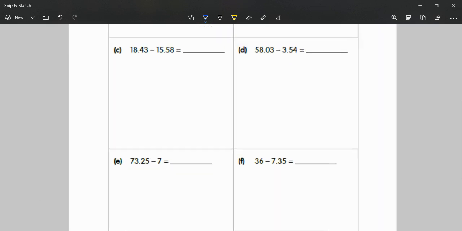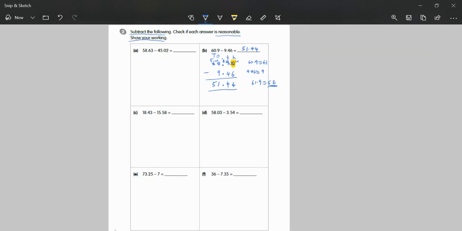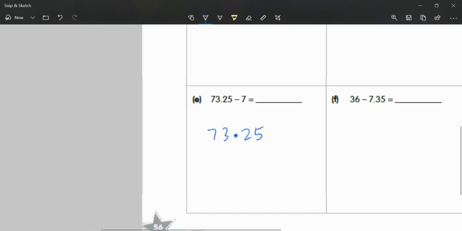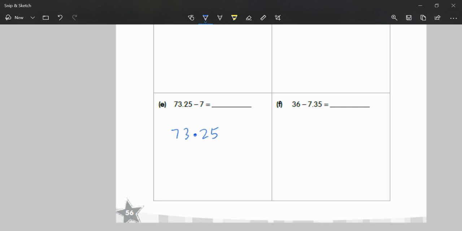Now, these two questions. The difficult question comes where one number has a decimal point and another number doesn't. In this case, if you're not careful, a lot of people may make the mistake here, which is a very bad mistake.